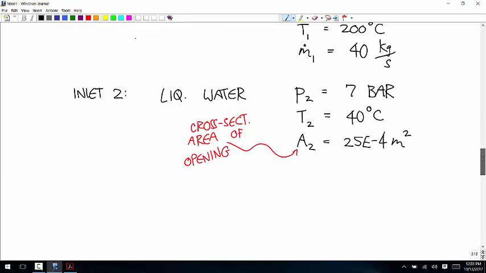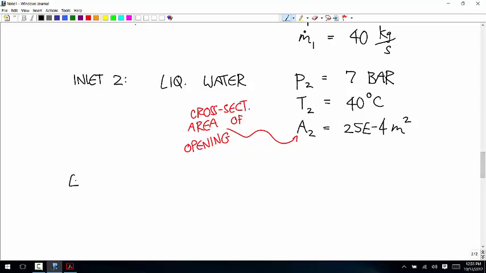And then at the exit, we have saturated liquid. Pressure at the exit is still the same. Well, it's all the same vessel, so that has to be the case.